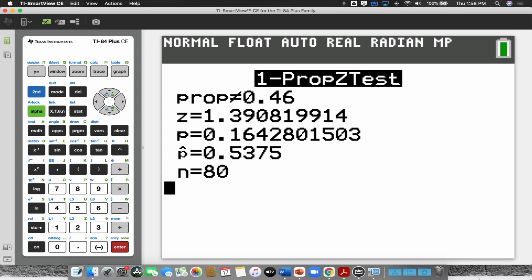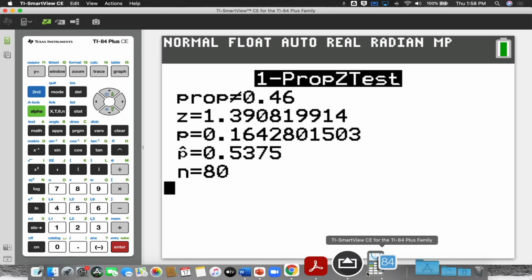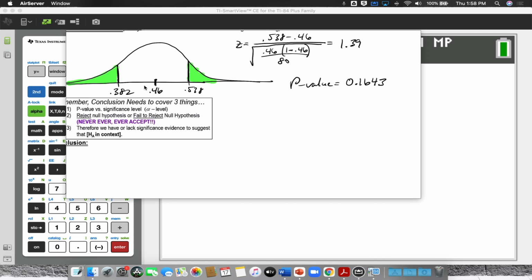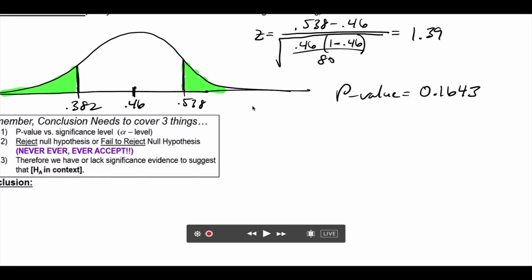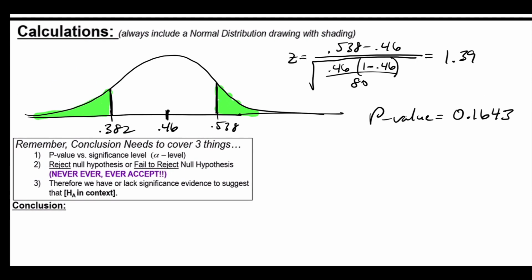Okay, and then p hat and n we already knew. Okay. So again, the p-value the calculator gives us is always both. It's always both greens. If we want to find just one side of the green, you just take that and divide it by 2.